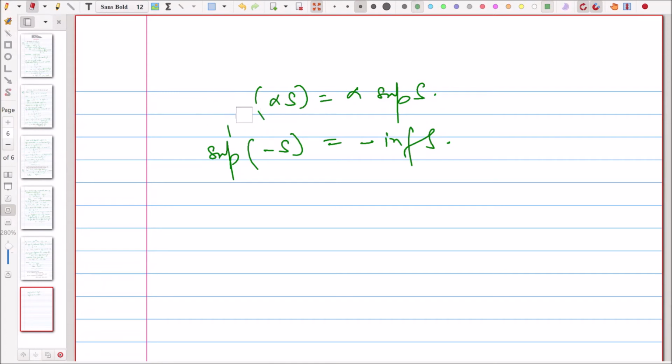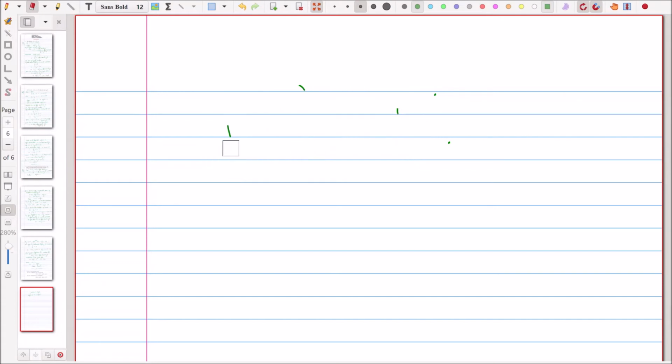If you take the plus sign outside, there will be no change. But if you take the minus sign outside, then supremum will become infimum. This is what you need to remember.